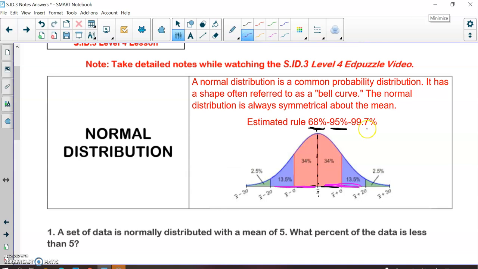And then about 99.7%, so a majority of your data in a normal distribution, will fall within three standard deviations of the mean. And that's how we get this symmetric bell curve, and that's shown on the figure.